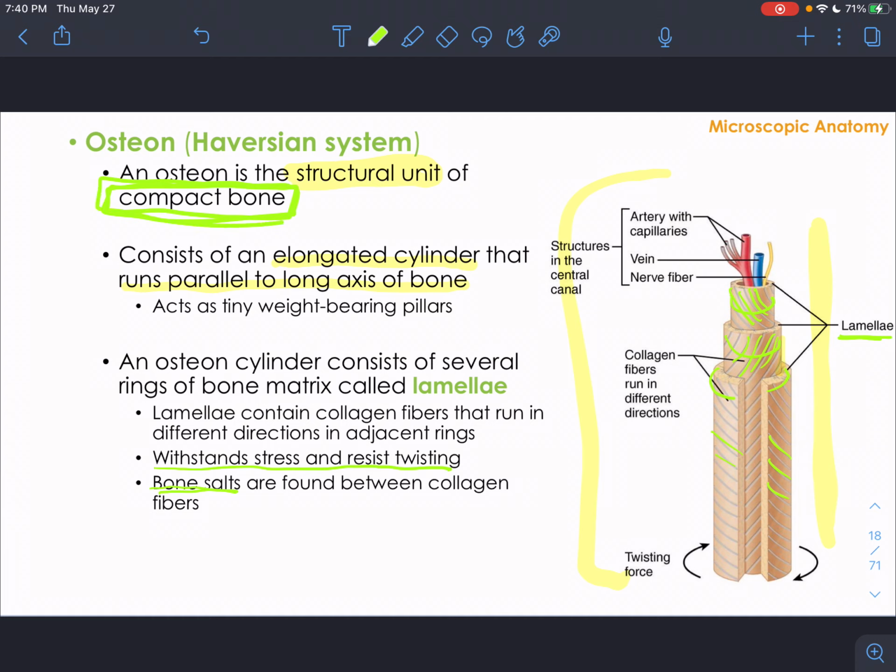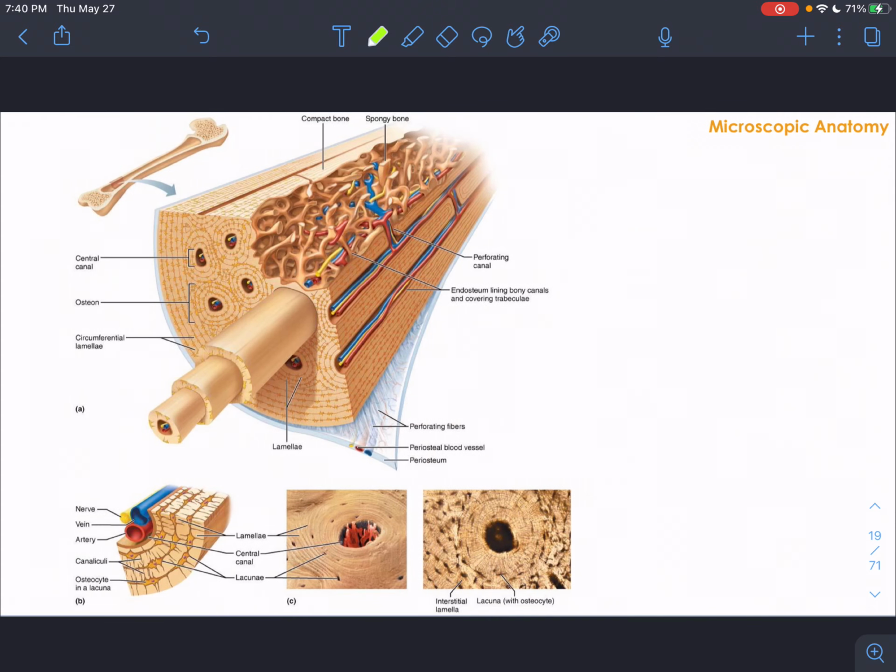Spongy bone is made up of spicules, so you're not going to have this compact, dense structure. If you take a bone and do a little cross section, this is your femur. Looking just at the compact bone, you can see you have spongy bone deeper, but on the outside is compact bone, and you have these osteons.